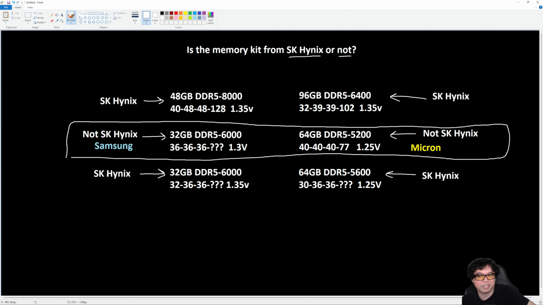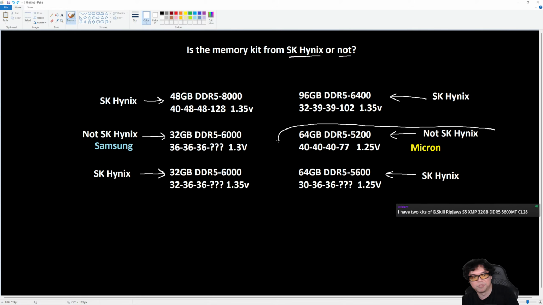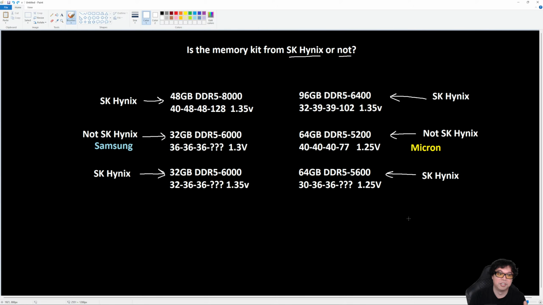It was literally a coin toss of whether it's Samsung or Micron. Over here, we had people saying Micron, and they were wrong. Over here, a bunch of people said Samsung, and they were wrong. So it's not easy to tell. There's no actual way to tell between Samsung and Micron, but there's a very easy way to tell if it's SK Hynix, because SK Hynix does something significantly different from the other two.